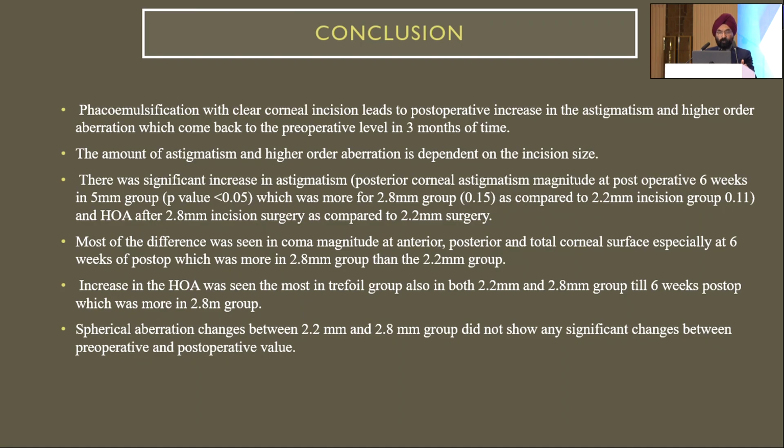So what we found was, although there was increase in posterior corneal astigmatism, it was not statistically significant. But what was significantly important was that the increase in higher order aberrations was much more in trefoil and coma, much more in the 2.8 millimeter compared to the 2.2 millimeter group.